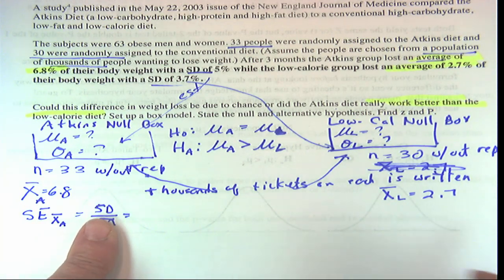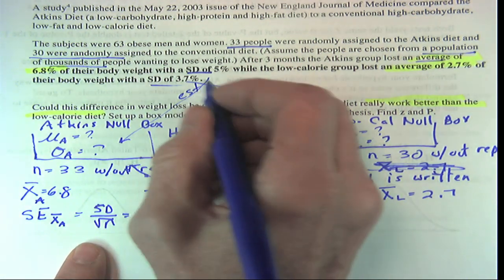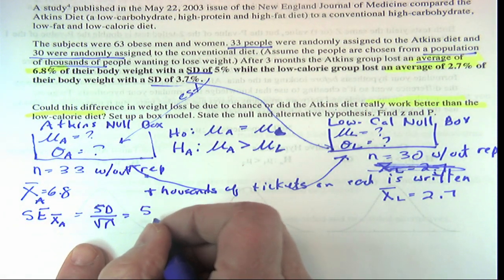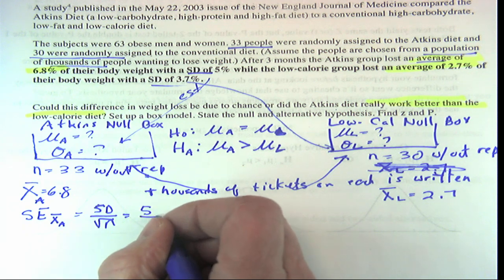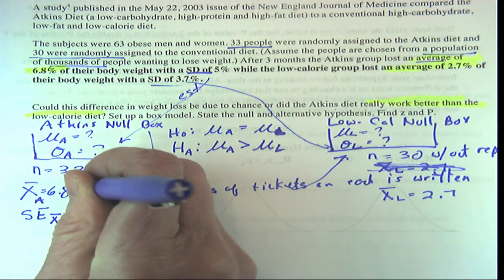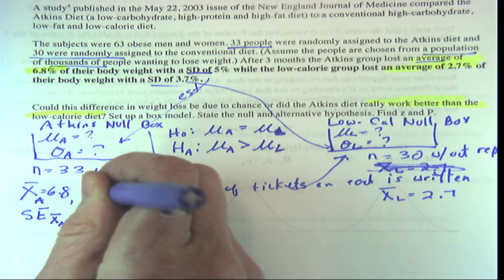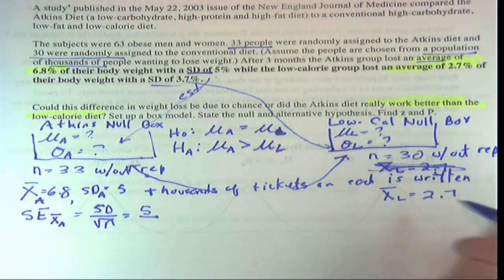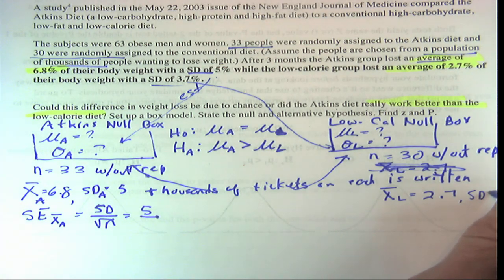It won't make much of a difference. So the SD for the Atkins group was 5, and the SD for this group is 3.7, just so you can see where I'm getting these numbers. Okay?